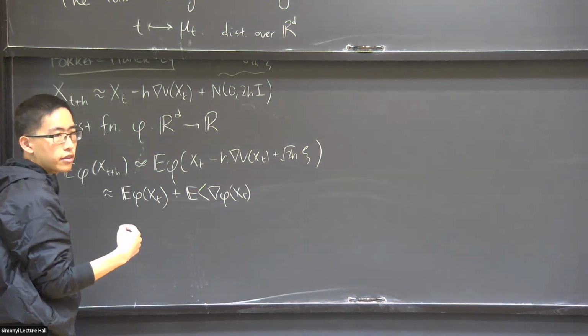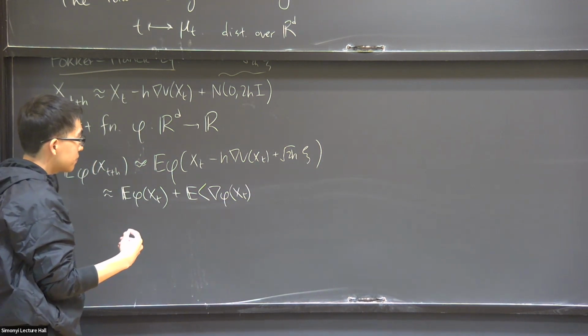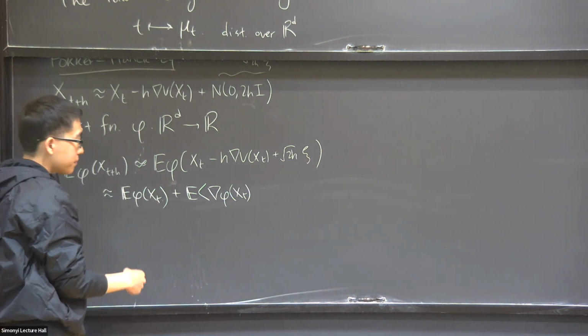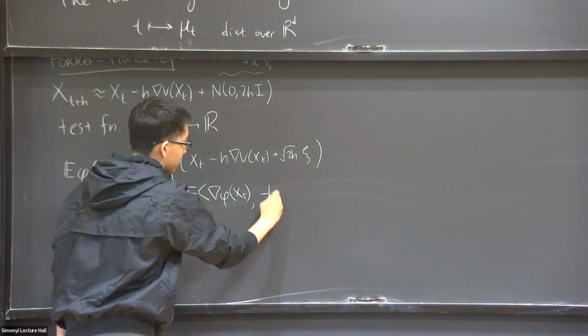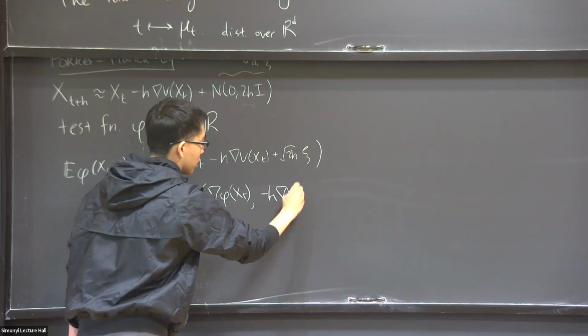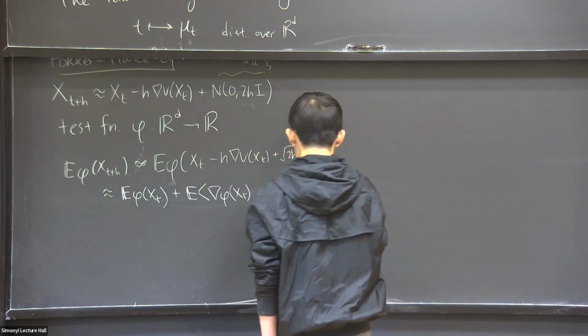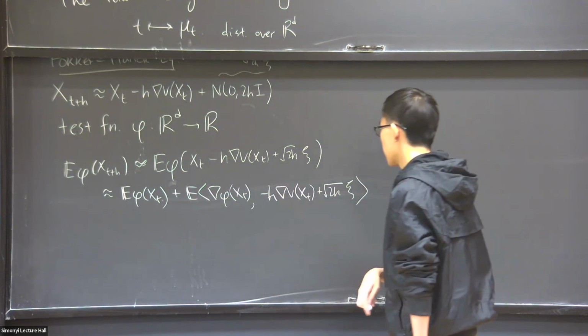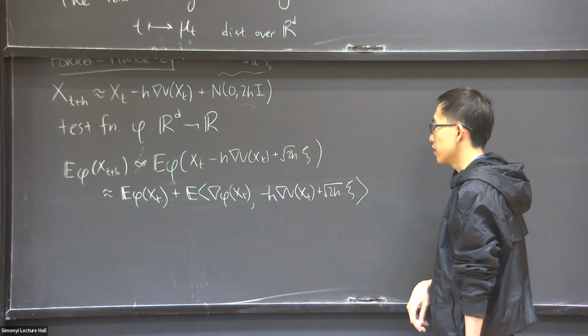Phi is arbitrary, and I'm going to Taylor expand phi. Okay, so I get this for the first order expansion.